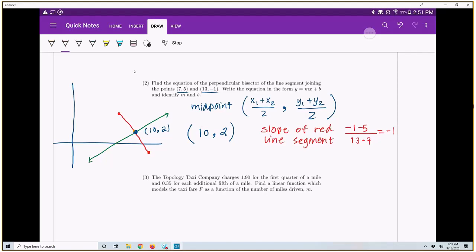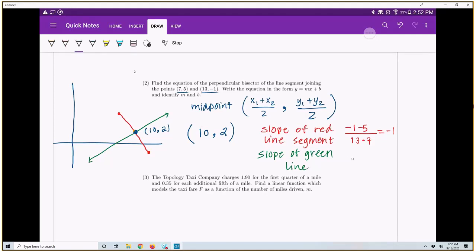So if the slope of the red line segment is -1, then the slope of the perpendicular bisector, which I drew in green, is the negative reciprocal of -1. And that is 1.